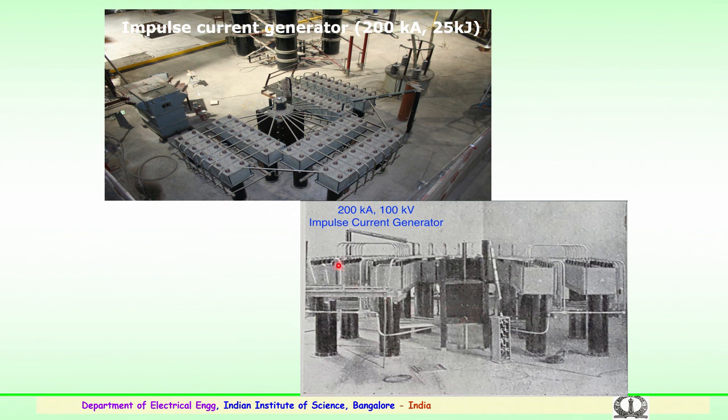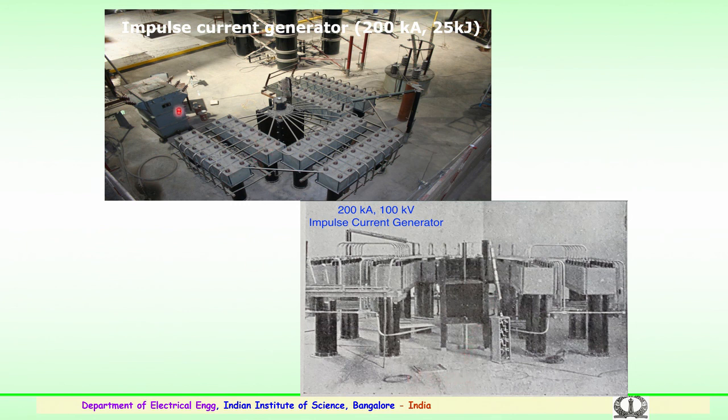The entire charge from these capacitors is discharged in parallel through the sphere gap mechanism by a triggering activity, and flows through the test object, and measurements can be done.